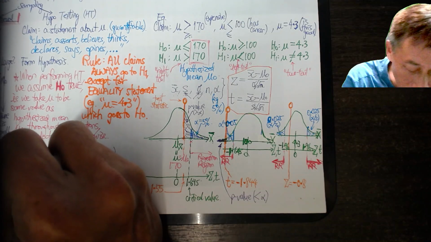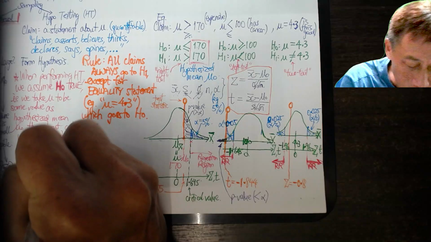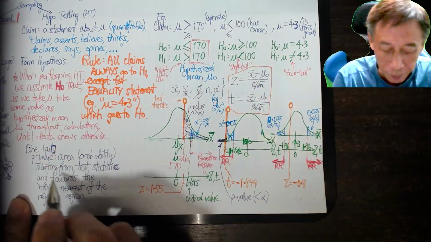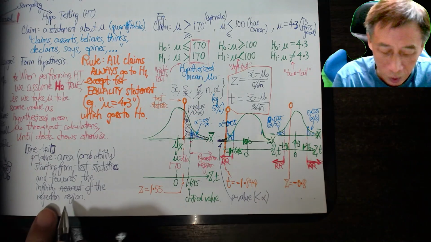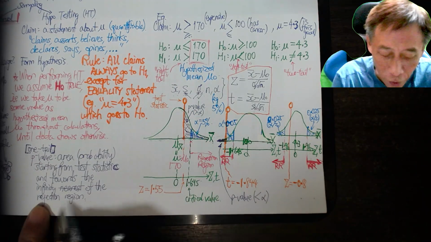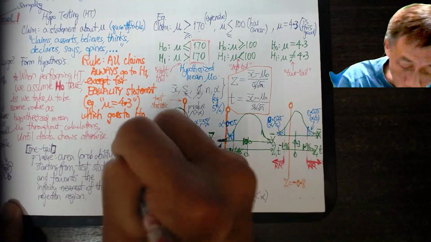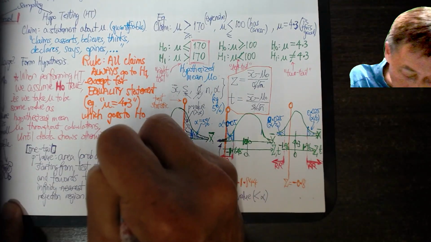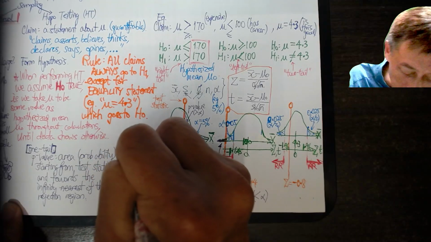The one tail case is just start from the test statistic and shade towards the infinity of the rejection region. This is so clear, right? Yeah. The two tail case, we will have to modify a few words, so I rather just start off with another paragraph.